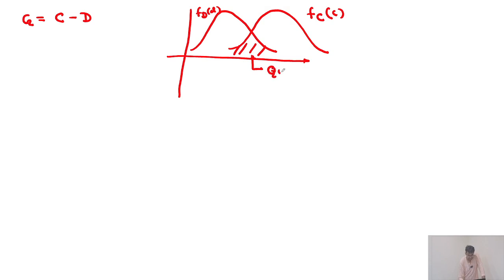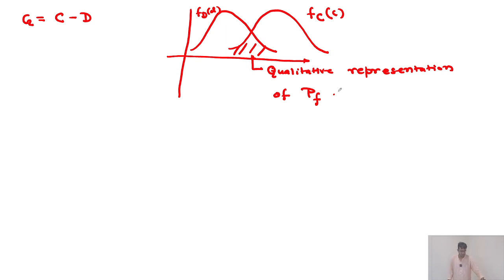So this is a qualitative representation of probability of failure. I am now going to start writing it as PF, okay? PF stands for probability of failure.